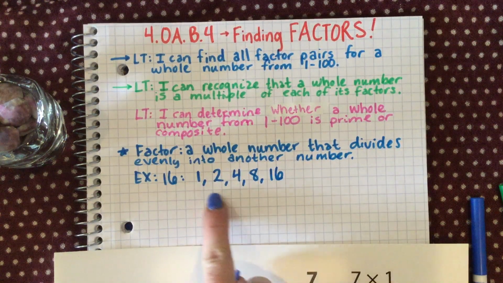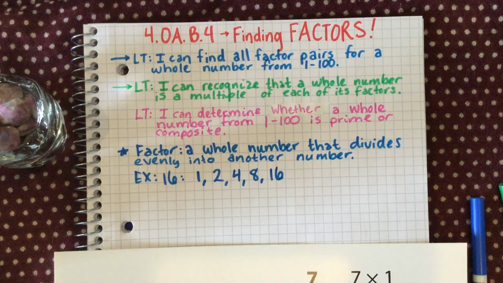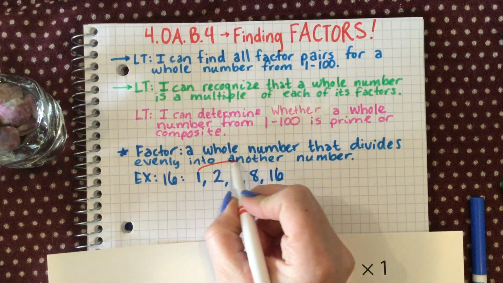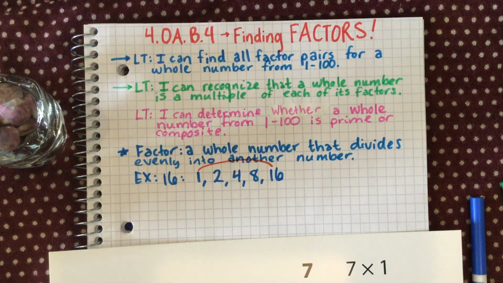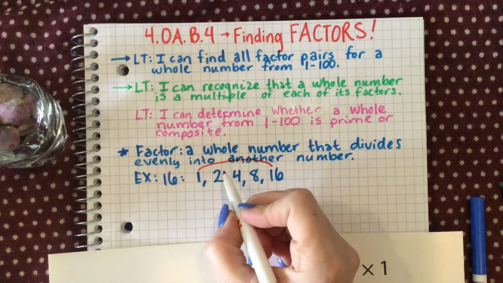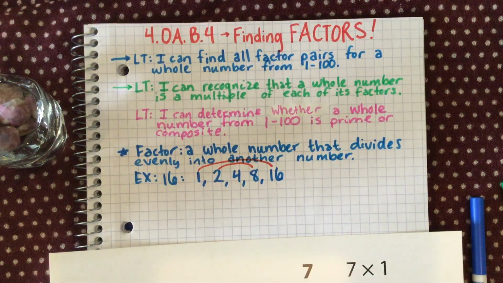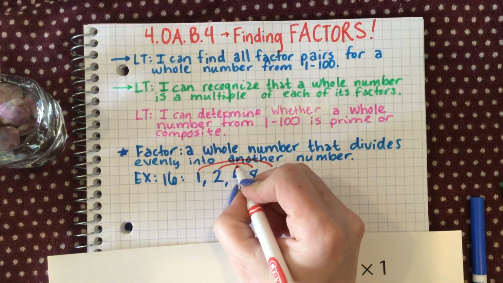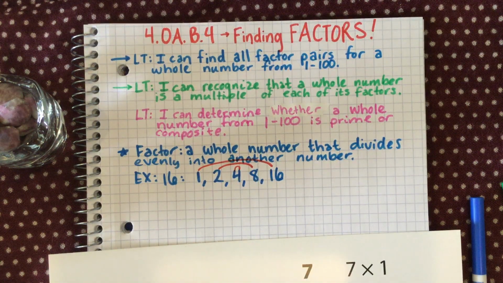What are the numbers that we pair together to equal 16? Remember our rainbow? We take 1 times 16 equals 16. 2 times 8 equals 16. And 4 times 4 equals 16.